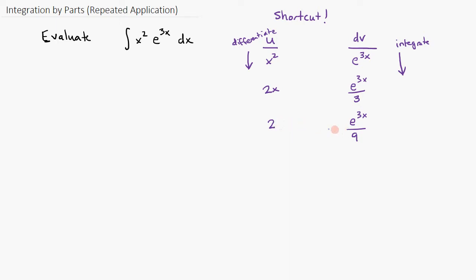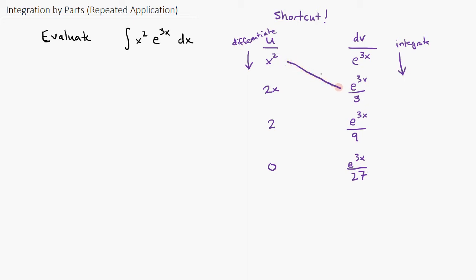And then you'll see that you have to compute the integral of this times this, but then we repeatedly apply again. Derivative of 2 is 0. Antiderivative of this would be e to the 3x over 27. And then we put it together using the alternating signs.